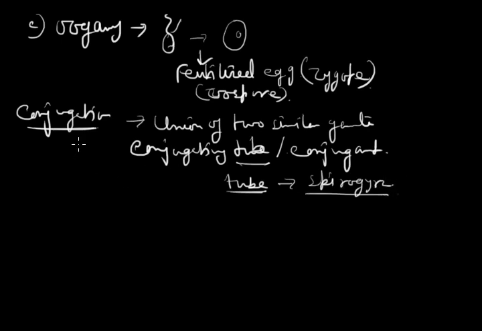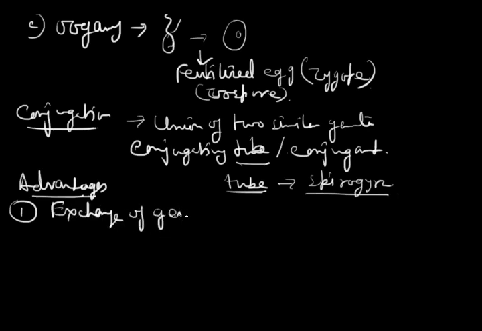So these are the types of sexual reproduction. Now we come to the advantages and disadvantages of sexual reproduction. The most important advantage is that exchange of genetic material takes place, as it involves 2 different sexes.